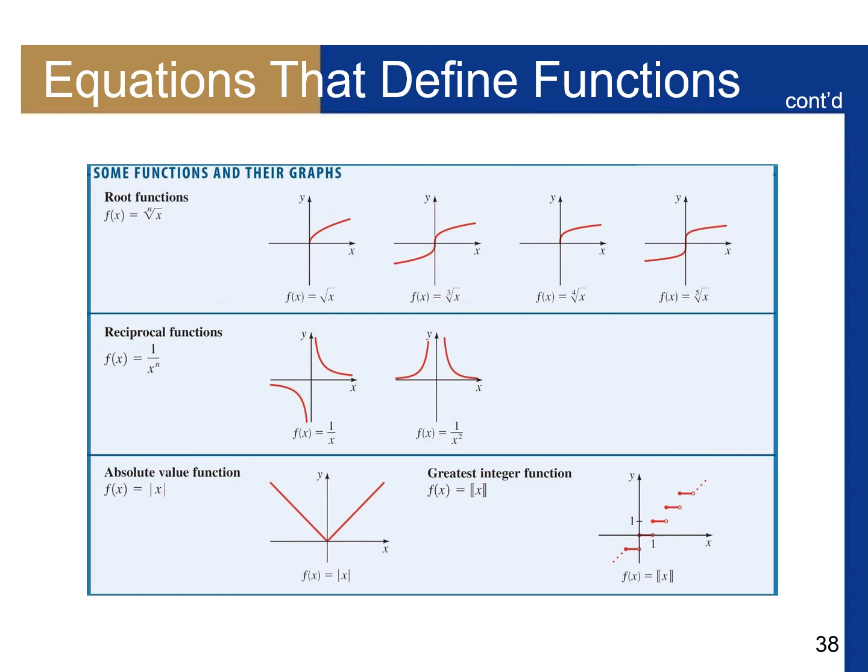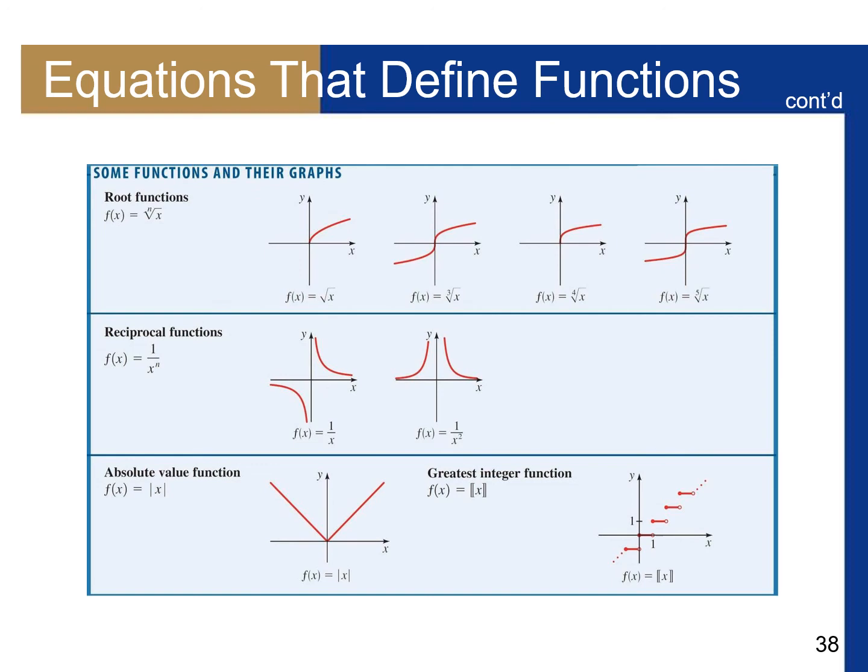This is a cube root of x, and because cube roots can have negative values, it does have a range down here. And this is our fourth root, which looks similar to our square root, and this is our fifth root, which looks similar to our cube root.